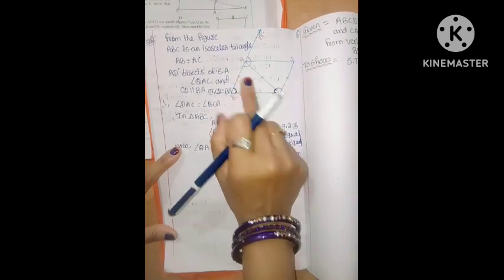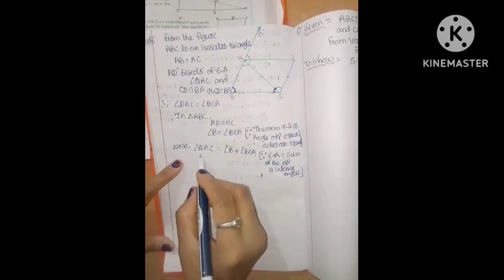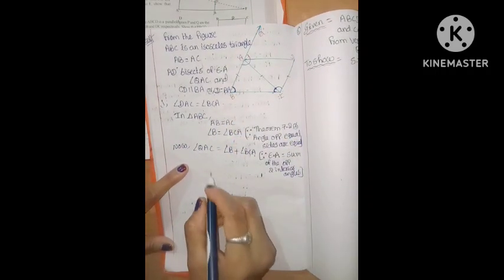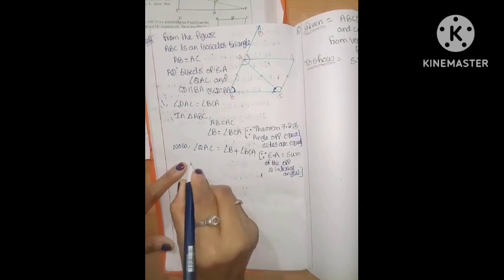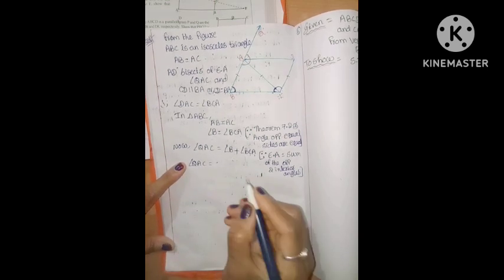ABC is an isosceles triangle, and angle QAC is the exterior angle. So that's why these two are equal. Here angle QAC is equal to angle B plus angle BCA.